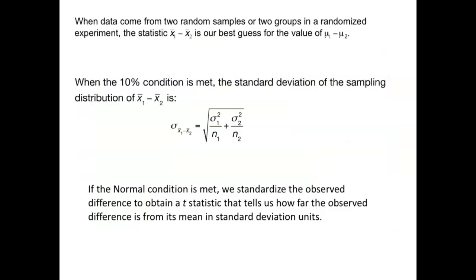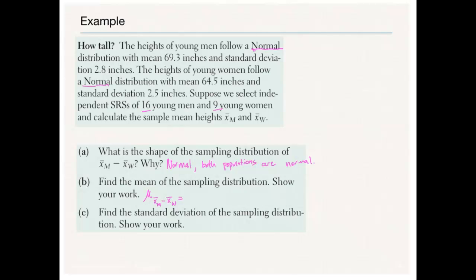So it will equal the mean for men minus the mean for women, which is just 69.3 minus 64.5, which is 4.8 inches.